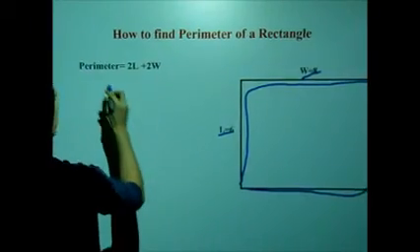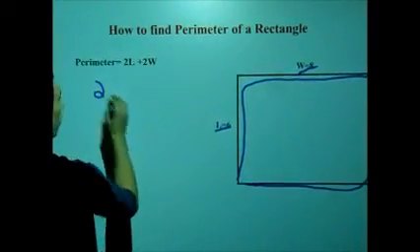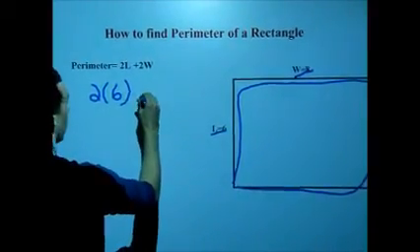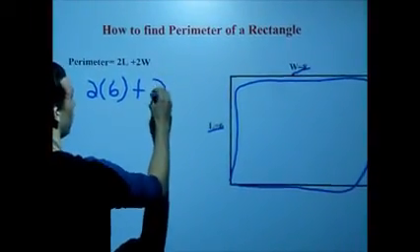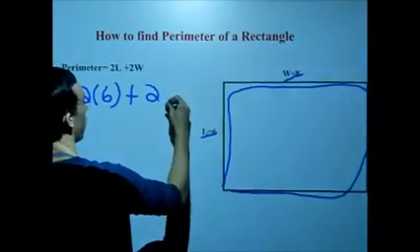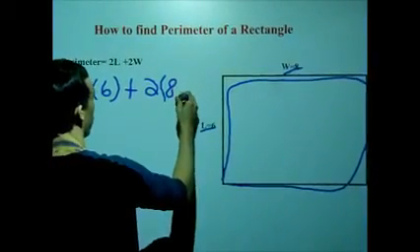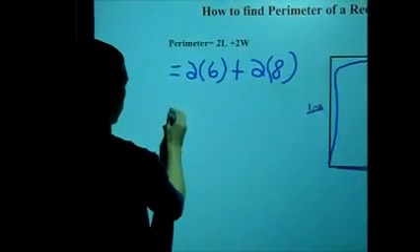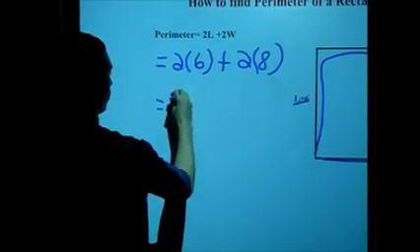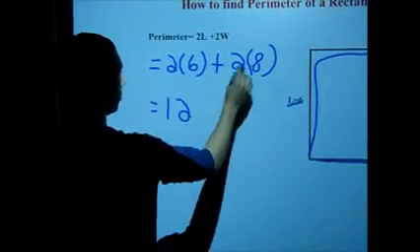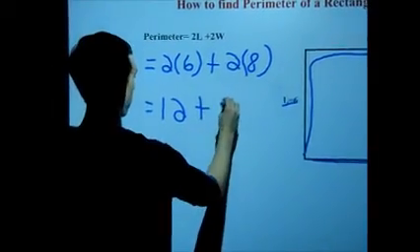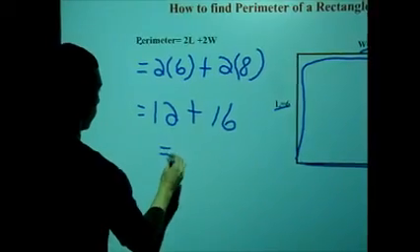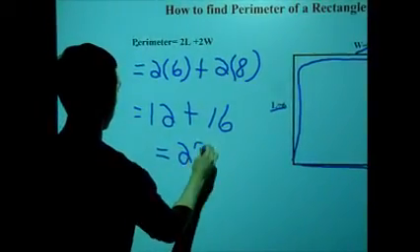So if we plug them in, we have 2 times the length, which is 6, plus 2 times our width, which is 8. And we just do the math. 2 times 6 is 12, and 2 times 8 is 16. Therefore, our perimeter is equal to 28.